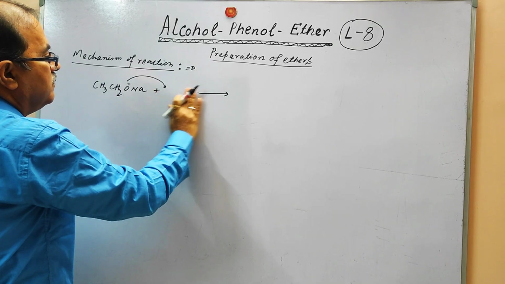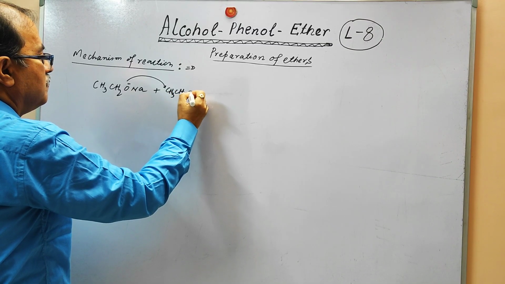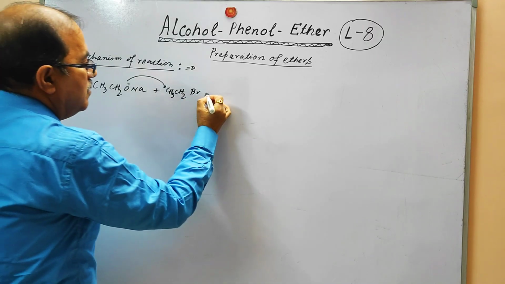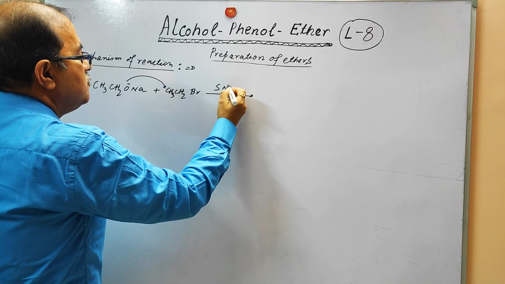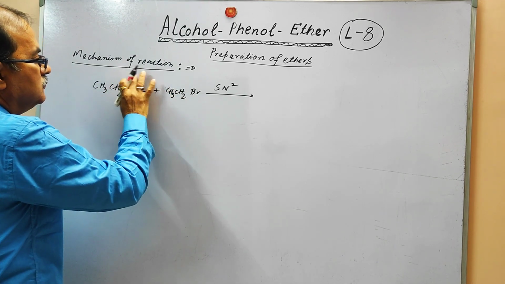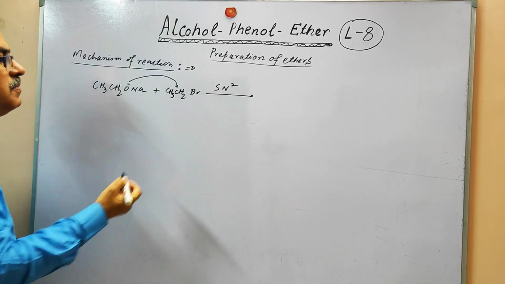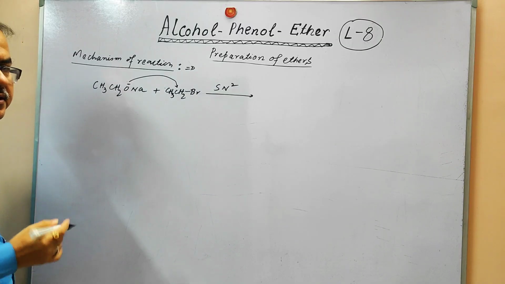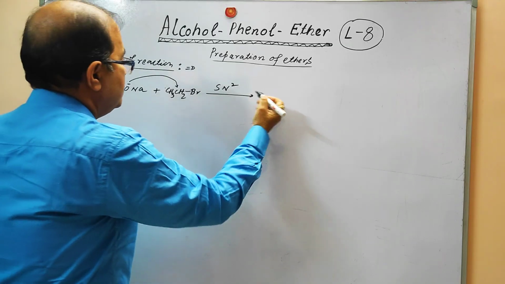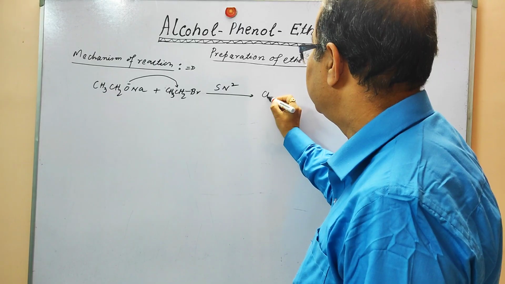This will basically be an SN2 mechanism, and this ethoxide ion will attack this carbon atom, and this bromine being a very good leaving group, it will depart from here, and this is going to produce this ether.